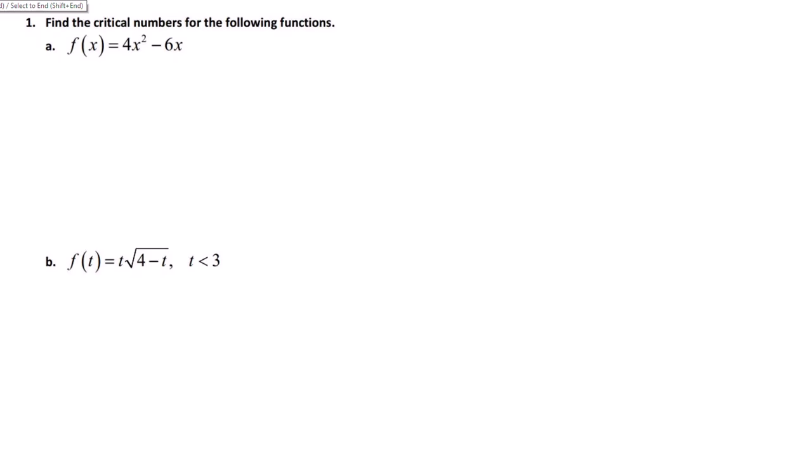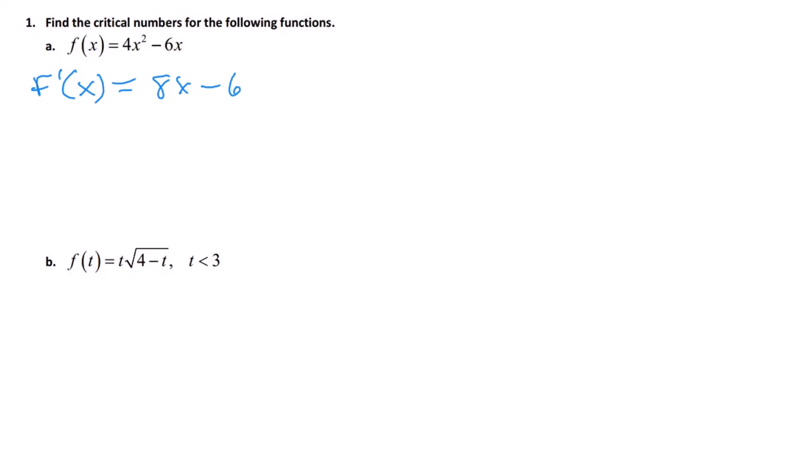All right, our first example here, we've got f of x equals 4x squared minus 6x. To find the critical numbers, I want to find out where the derivative of this is 0. We're not talking about a closed interval here. We're just trying to find the critical numbers. So the first thing I do is find the derivative of my function.